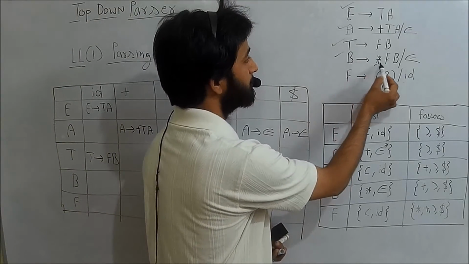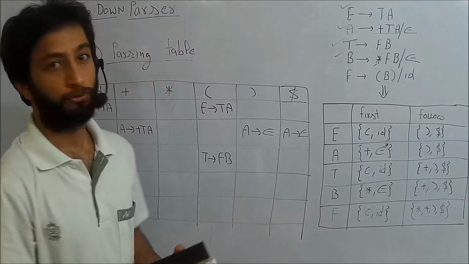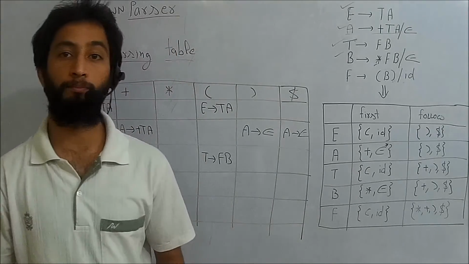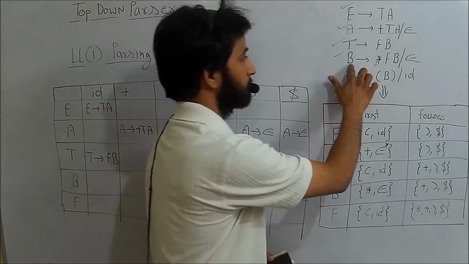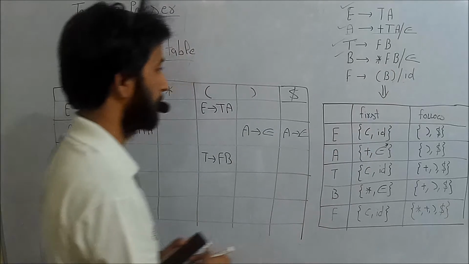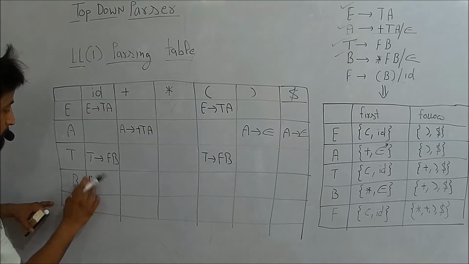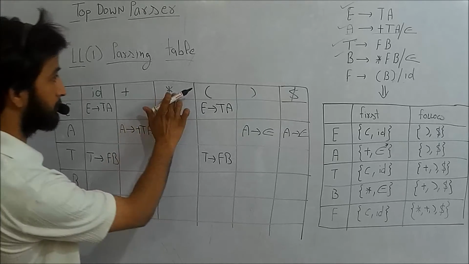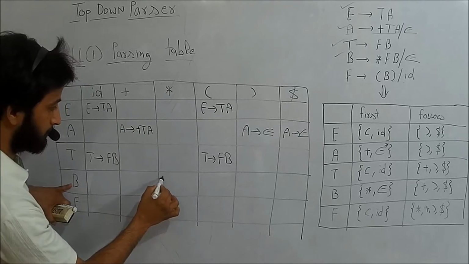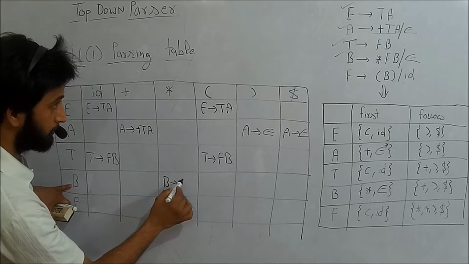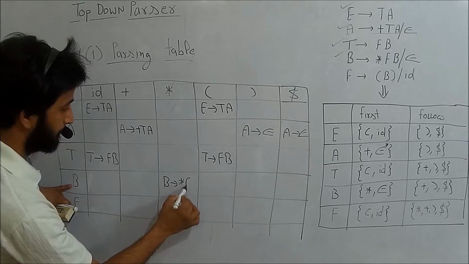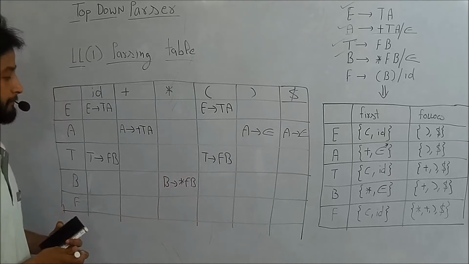The next production is B derives star FB. I have to put that under the first of this production, and the first of this production is star. So B under star, I put the production B derives star FB.